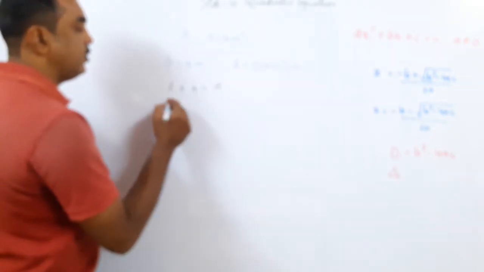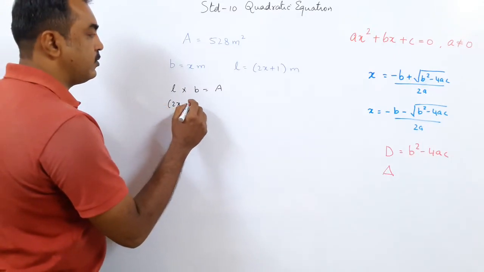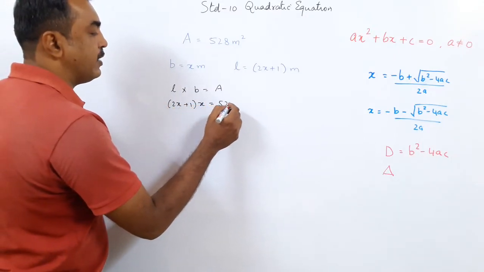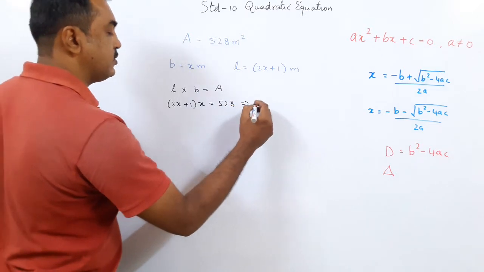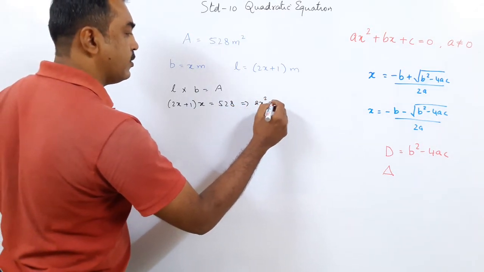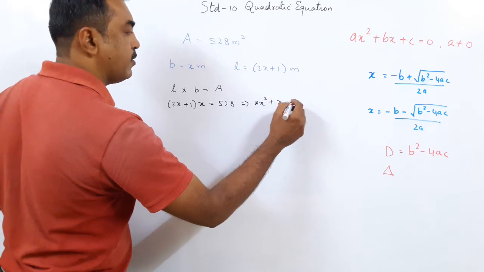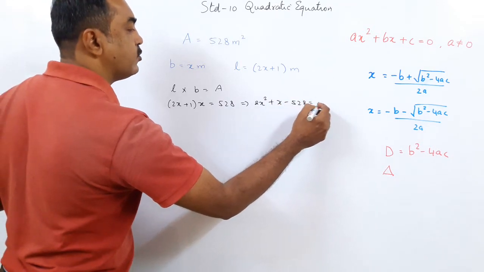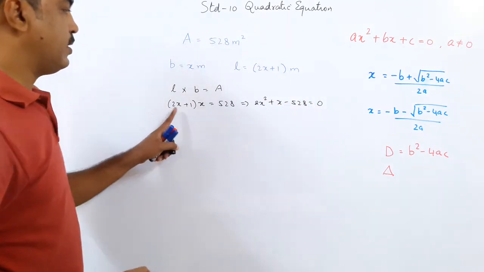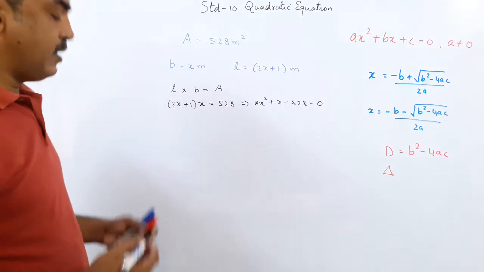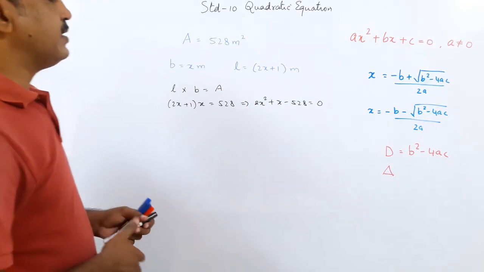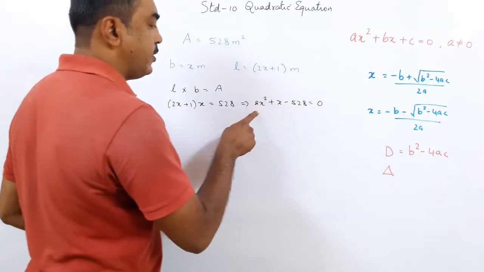So we have 2x plus 1 into x equal to 528, which gives us 2x square plus x minus 528 equal to 0. Now compare and see. What is A? 2.